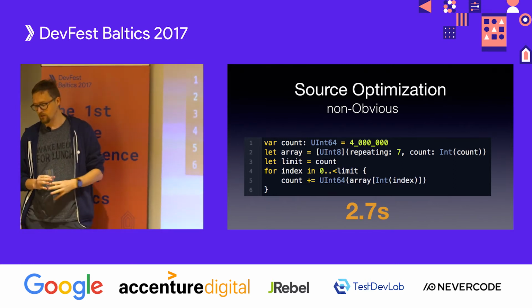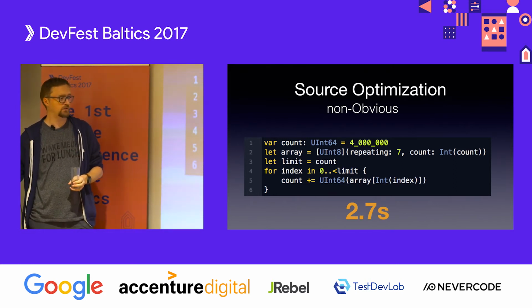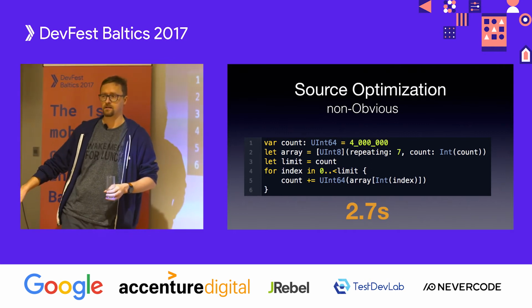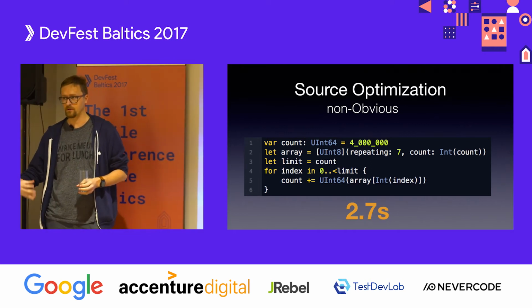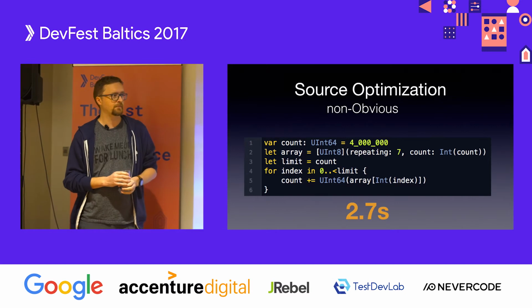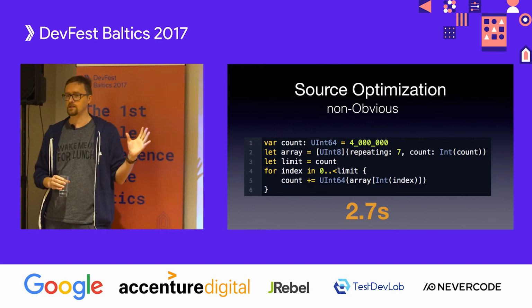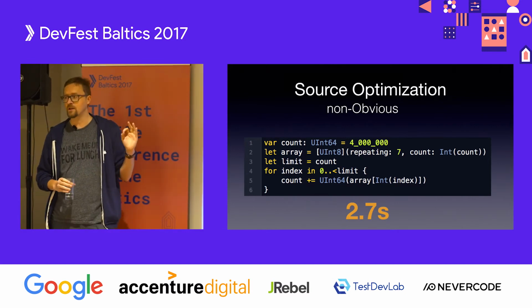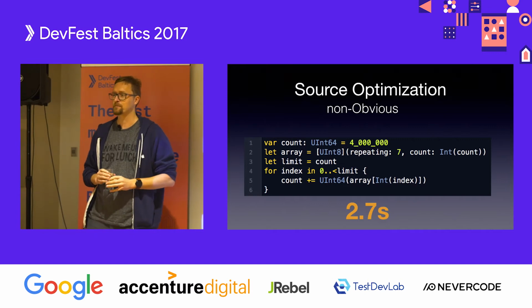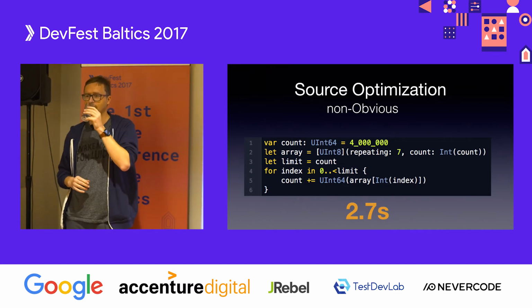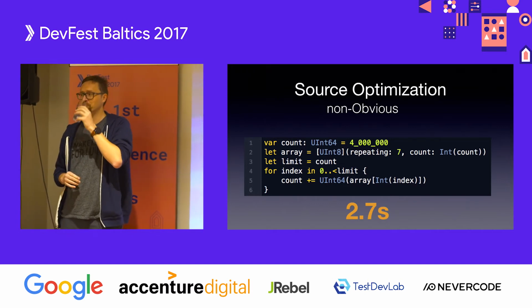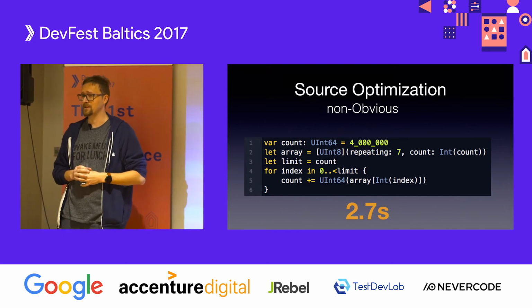This executes on that machine in 2.7 seconds in a release mode build, so it's optimized. Does anyone have an idea? There's a one-line change that makes it fast.